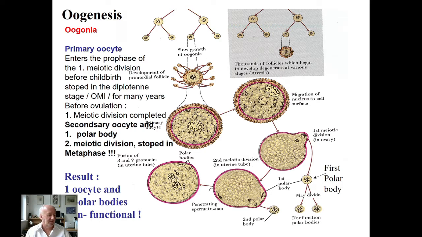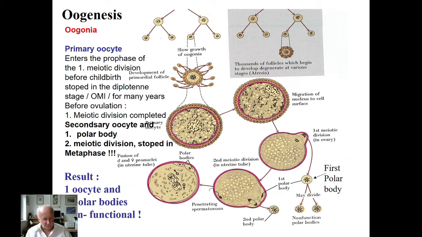This stop can last in some oocytes till puberty, till 13 years. In some oocytes, even 52 years can this stopped period in diplotene stage last.